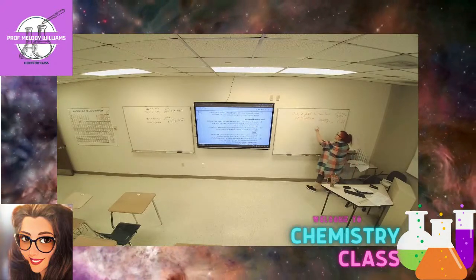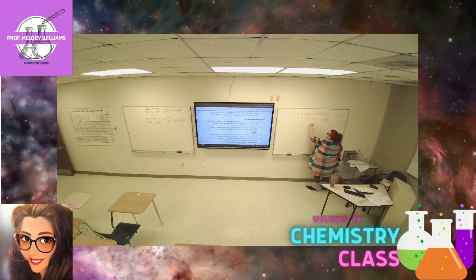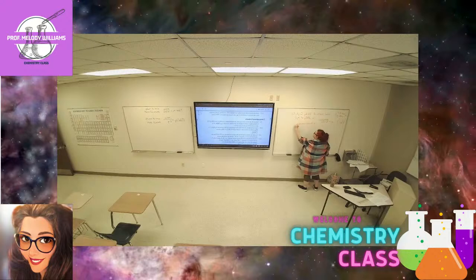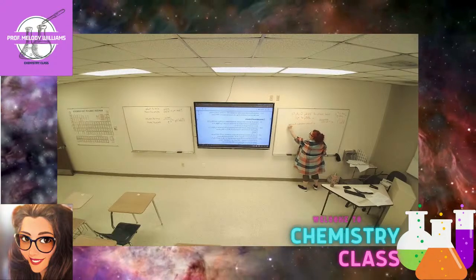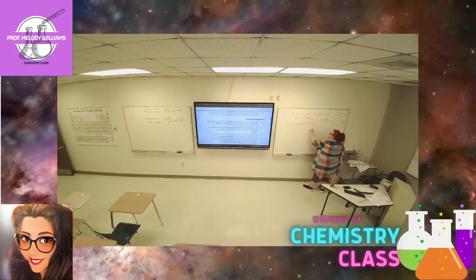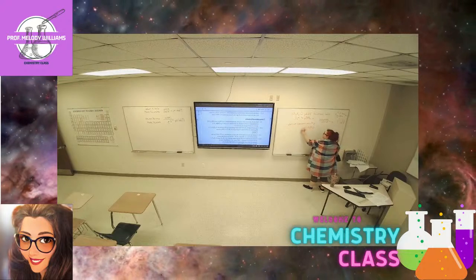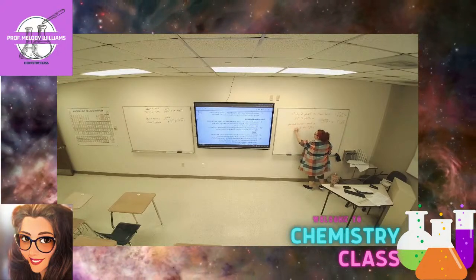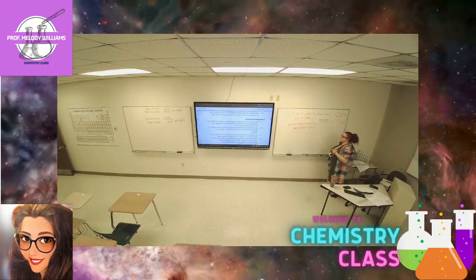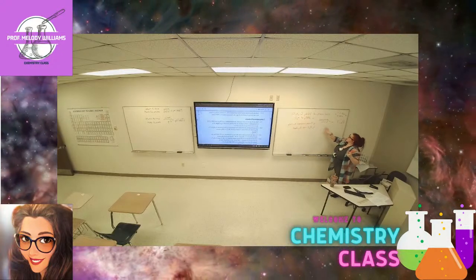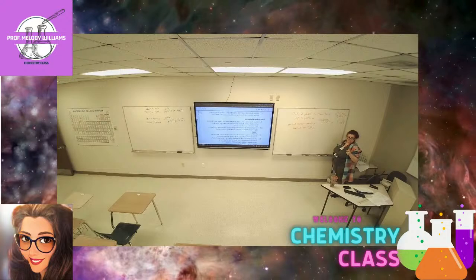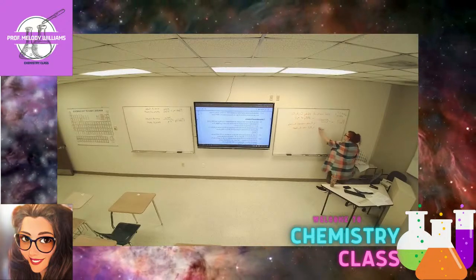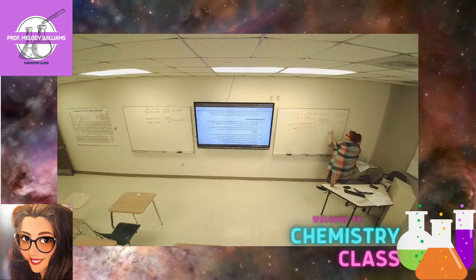So I've got to convert grams sucrose to moles sucrose, and I've got to convert grams water to kilograms water. Then I can take those numbers and plug them into my equation. So now I'm going to implement my plan. Got to do these two things first.